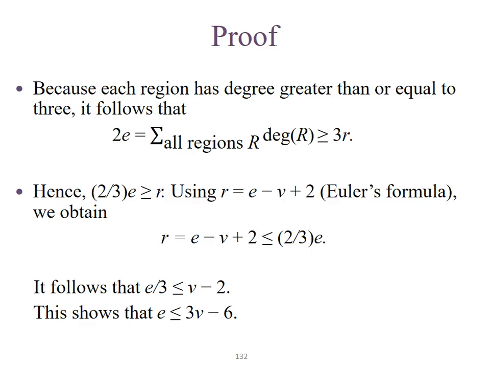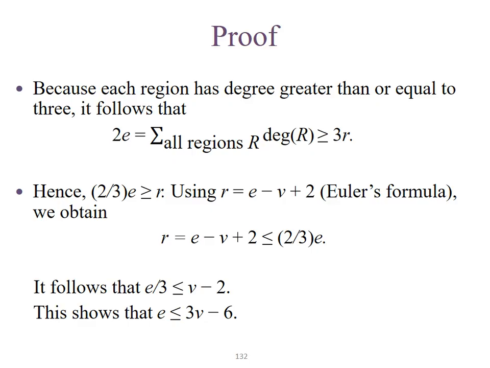But because the smallest number is 3, the sum of the degrees of the regions is larger than or equal to 3 times R. Now we have an inequality connecting E and R: 2E is larger than or equal to 3R. So we have R is at most 2 divided by 3 times E, if you divide both sides by 3.